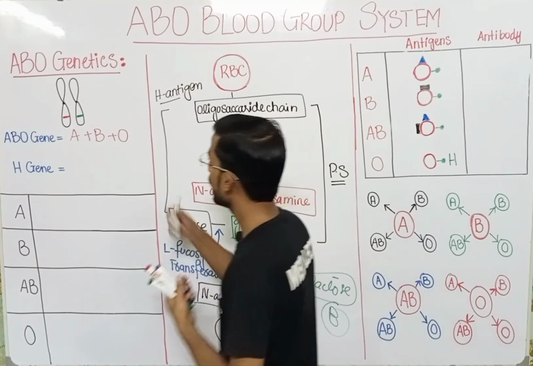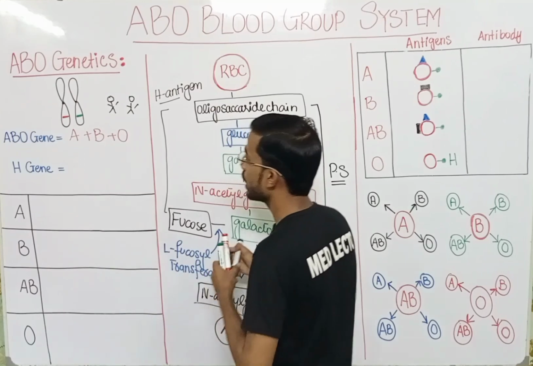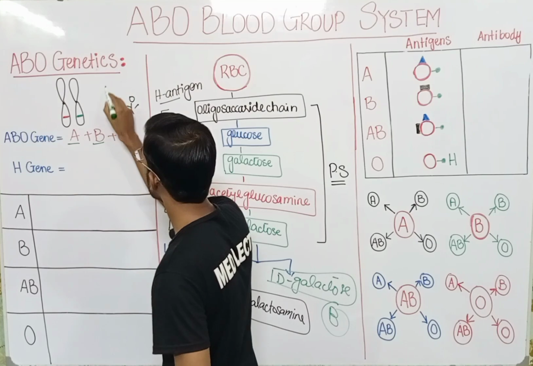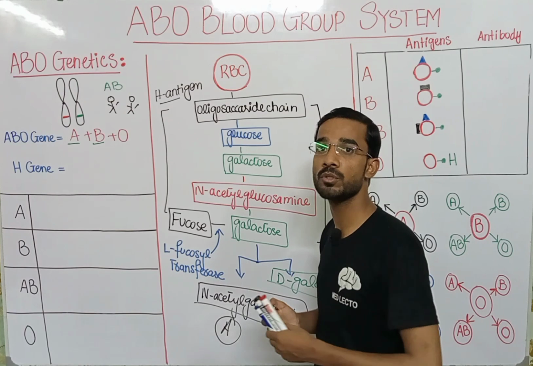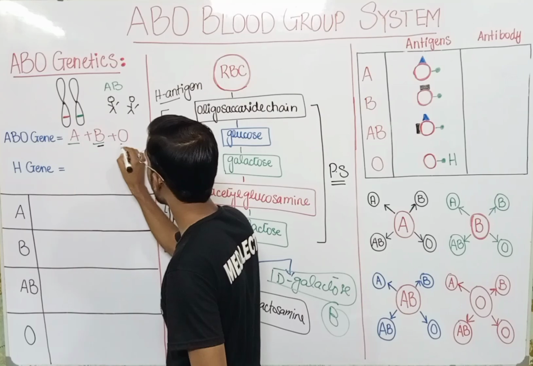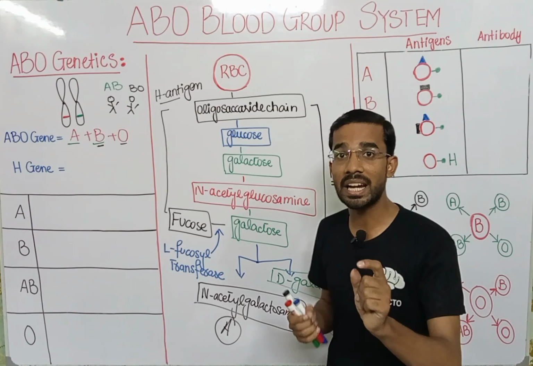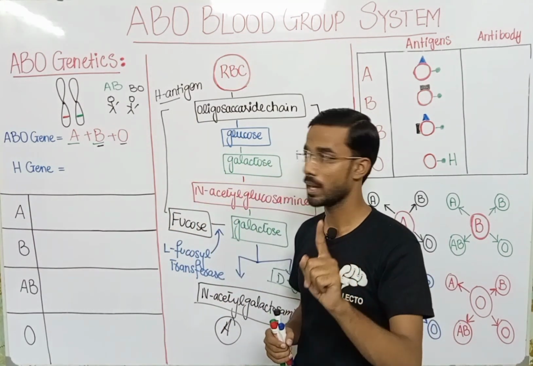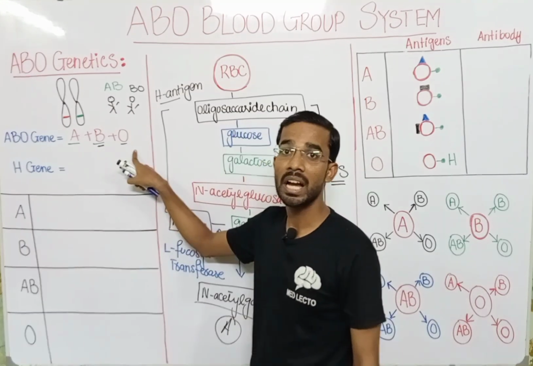Let's suppose person 1 has a combination of A allele and B allele, one from the father and one from the mother. The second person has a combination of B and O. Again, in one person you see just one pair of alleles, but in the ABO gene there are three types of alleles.